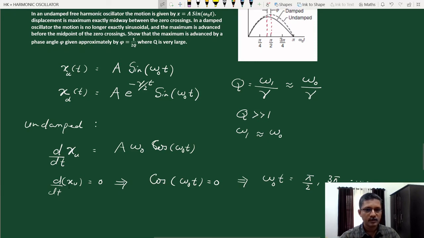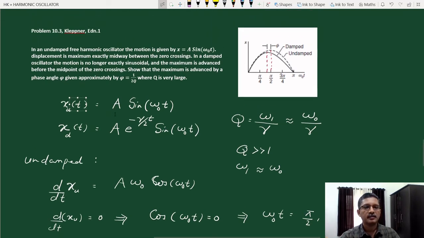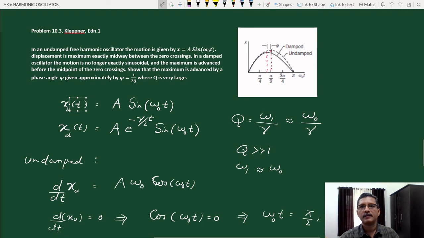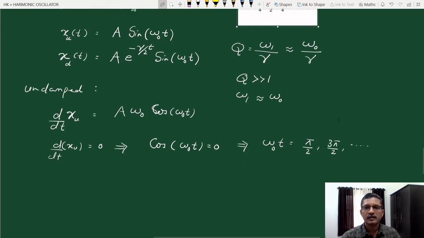So the derivative becomes 0 at pi by 2, 3 pi by 2, etc. That means the function x becomes maximum, maximum in one direction, maximum in the other direction, at pi by 2, 3 pi by 2, etc. So in the first cycle, the maximum occurs at pi by 2, and you can see it here at this point, pi by 2. So this is how we get the first maximum at pi by 2, in the first half cycle for the undamped oscillator.